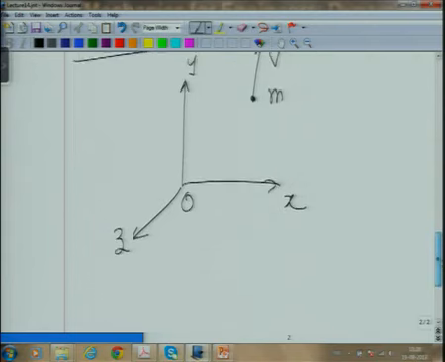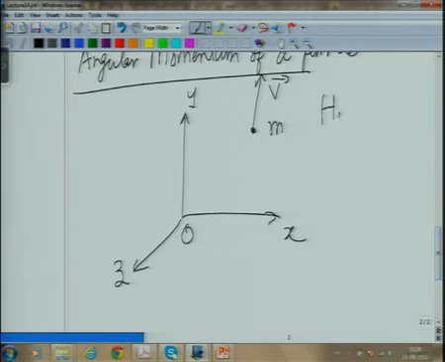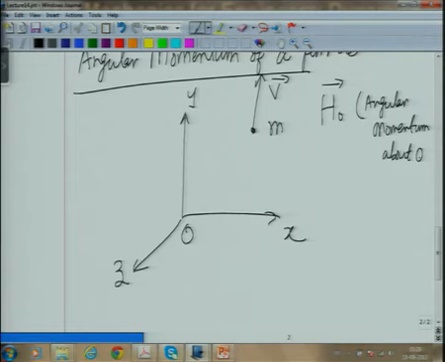We define h about O. This is what we define as angular momentum about the point O. And some books call it moment of momentum.